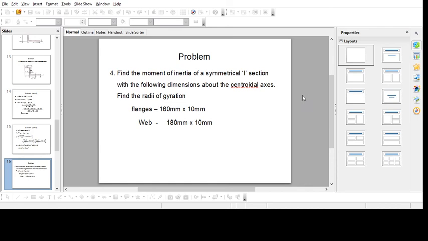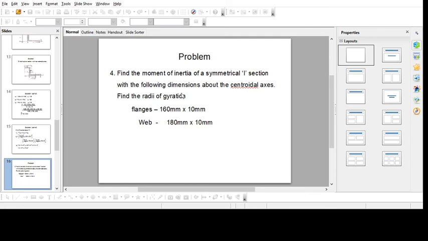So that is what we are doing here. See, Ixx equal to BD cube by 12 is the moment of inertia of that rectangle 160 by 200, right? Minus those small rectangles on the left and right side of the web which we need to remove, that is also BD cube by 12.